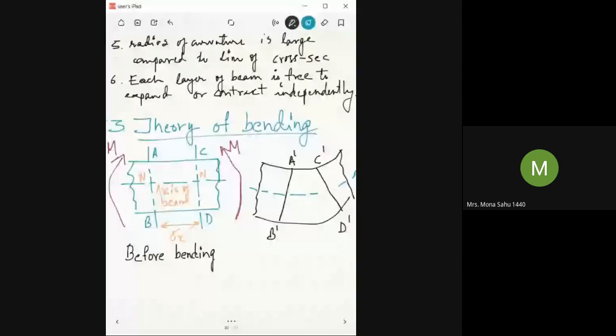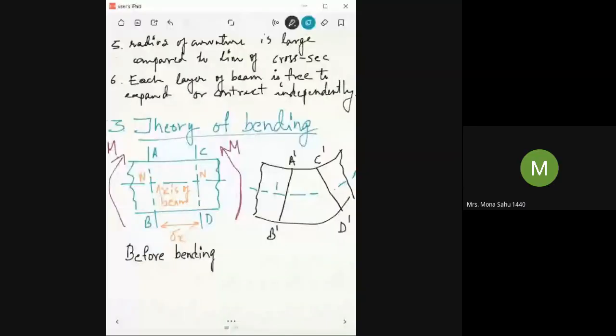If you notice here, this is going to be N dash, N dash. So this is after bending.